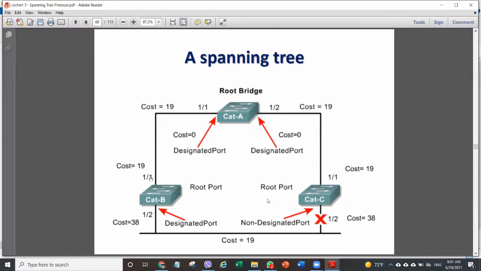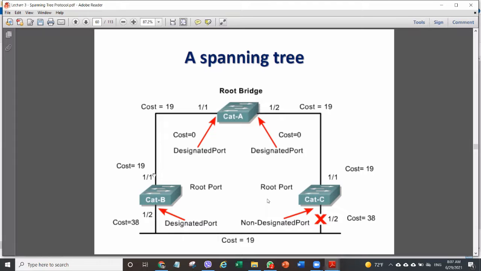How was the root bridge finalized? The root bridge is finalized based on the algorithm. We already finalized our root bridge in this particular diagram. Then all others are designated bridges. That one also we realized. Then how do you finalize the root port?